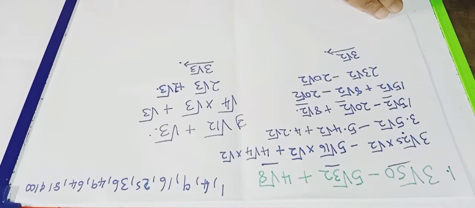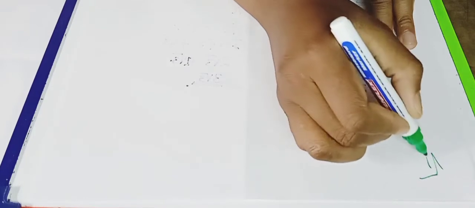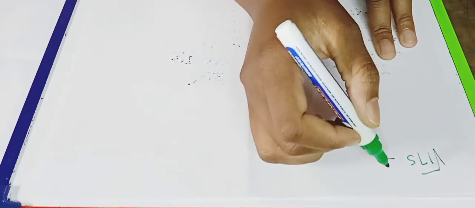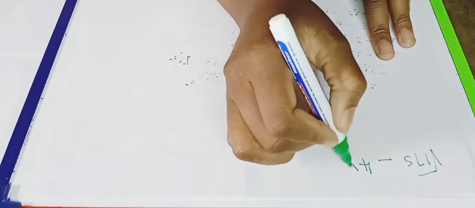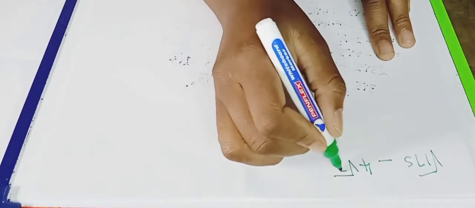That's it. What about root 175 minus 4 root 7? What will be the solution for that one? Let me use green. We have the square root of 175 minus 4 root 7.